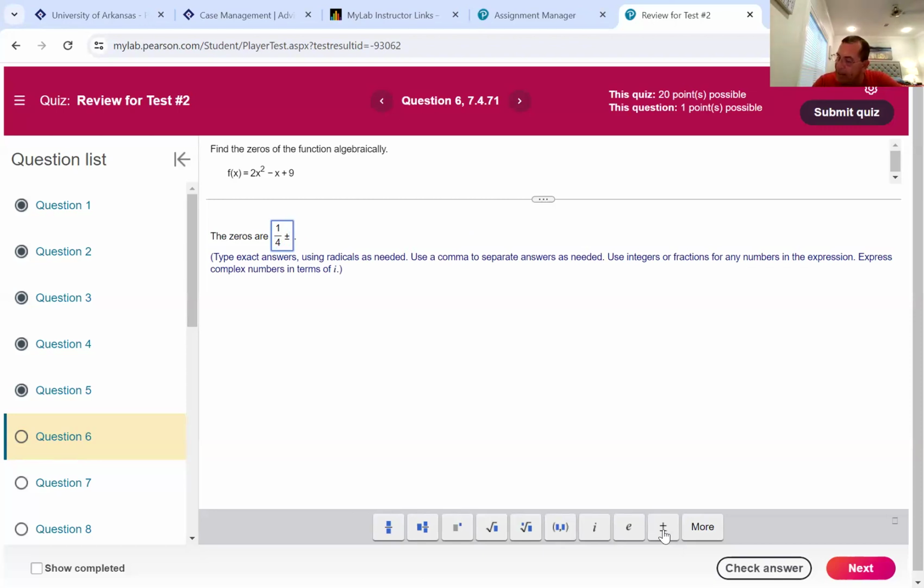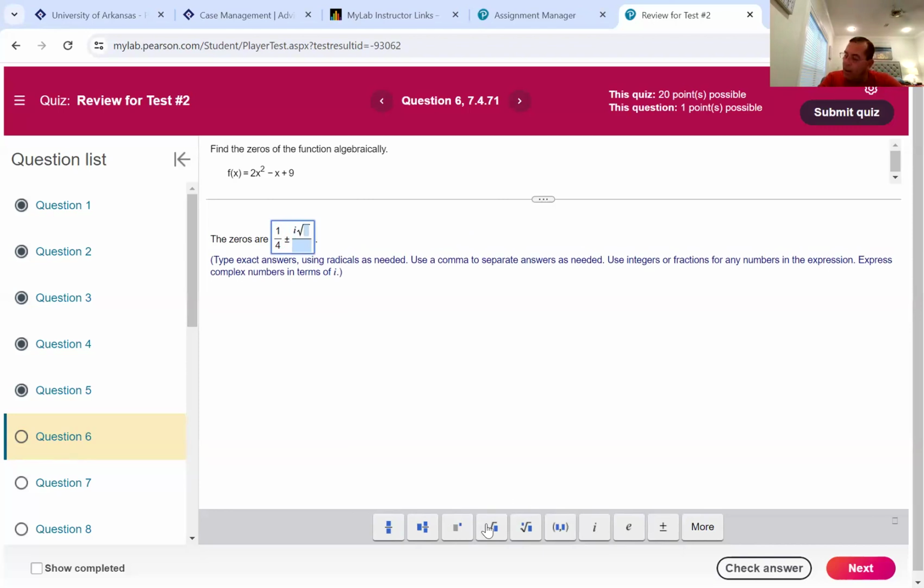So the plus or minus saves us on that. Then hit the fraction again. And I'm going to put in my i and then grab the square root, put in my 71. And then I'm going to arrow down to the bottom and put in my 4.